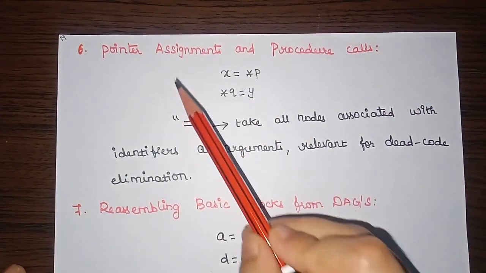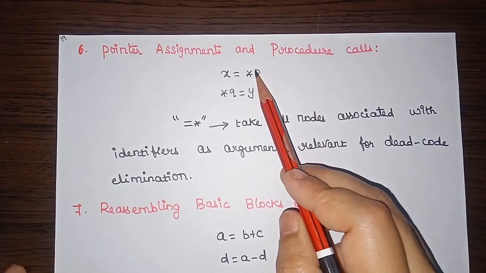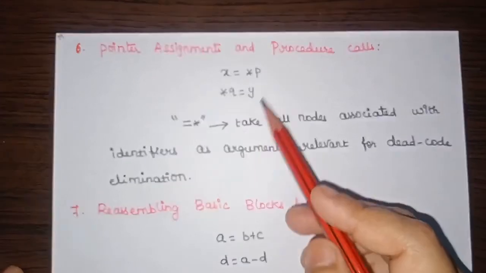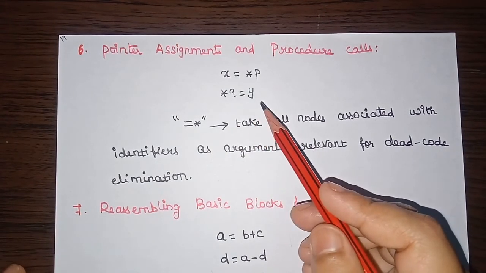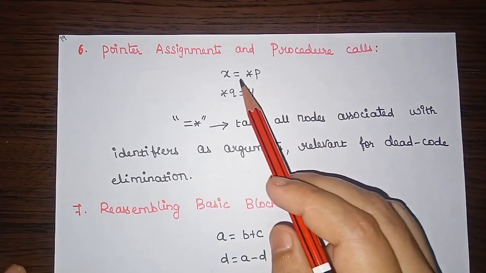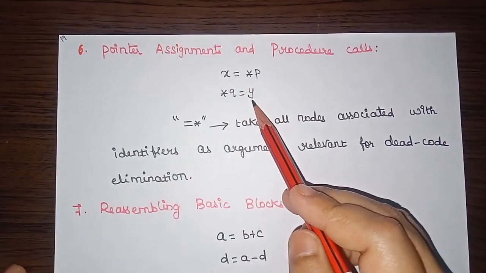And the next we have is pointer assignments and procedure calls. So here we have assignments of pointers to variables, and in this statement we do not know what p or q actually points to. That is, here we have x is equal to star p, and here star q is equal to y.